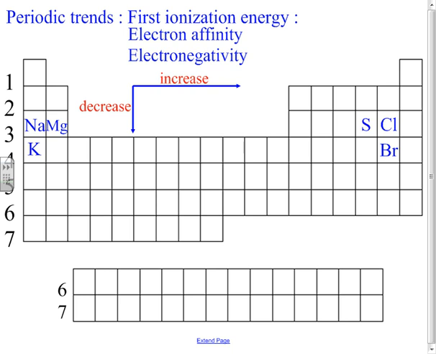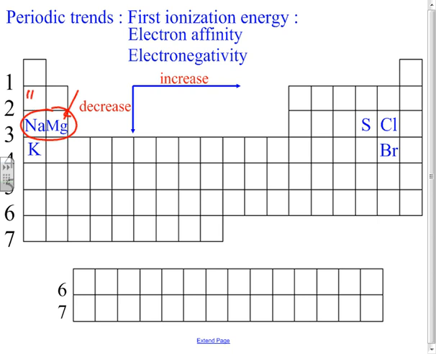If we were to compare sodium and potassium, sodium is going to have a greater first ionization energy, greater electron affinity, and greater electronegativity, because potassium is going to have more shielding, which blocks out the nuclear charge, which makes all those things decrease. If we were to compare sodium and magnesium, magnesium would have the larger first ionization energy, electron affinity, and electronegativity because of nuclear charge.